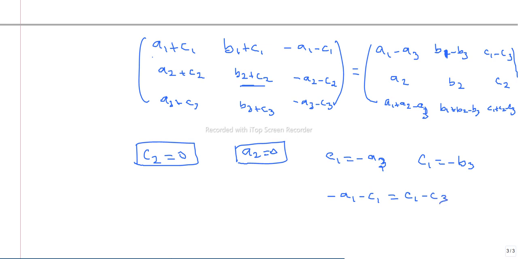So anyway, we can take 2 times. So therefore minus A1 minus 2 times C1 equal to, anyway we can multiply by minus. So see, we get this one. So any other thing we can cancel?